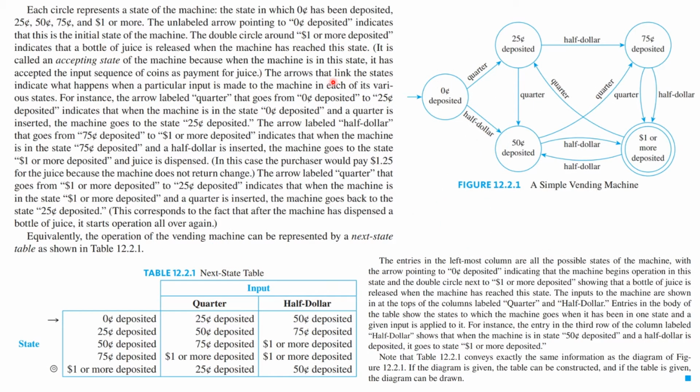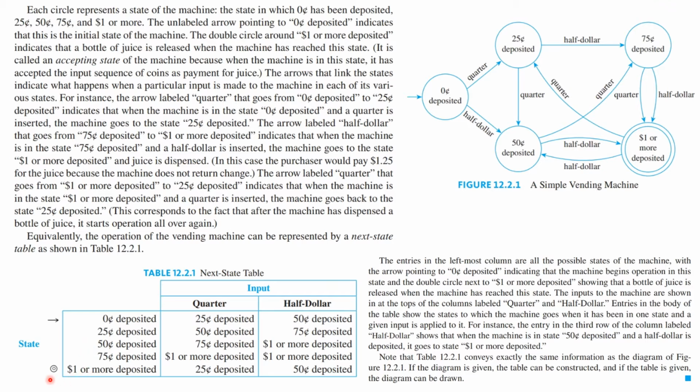So each circle here is recreated, and in addition to drawing a picture of this, you can also draw a next state table, as you see down here. Now, the initial state is indicated with an arrow, and here it also is indicated by an arrow. So that's where you start with this machine diagram, and then these are the different states.